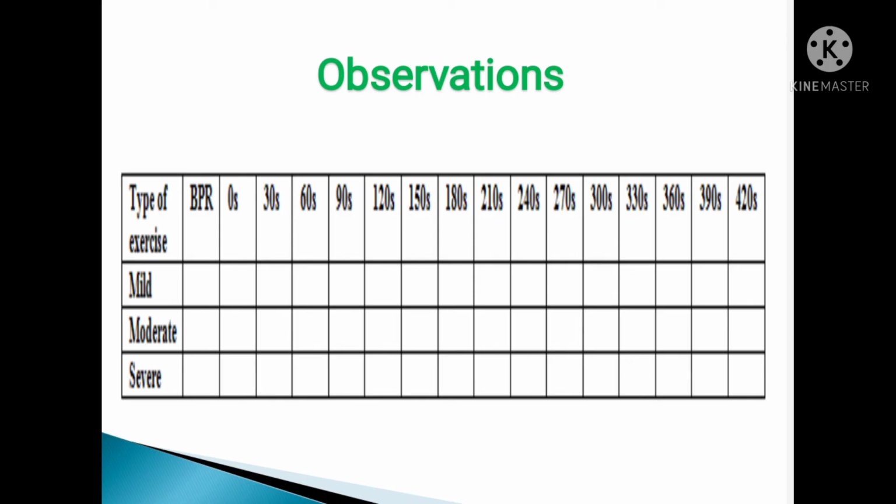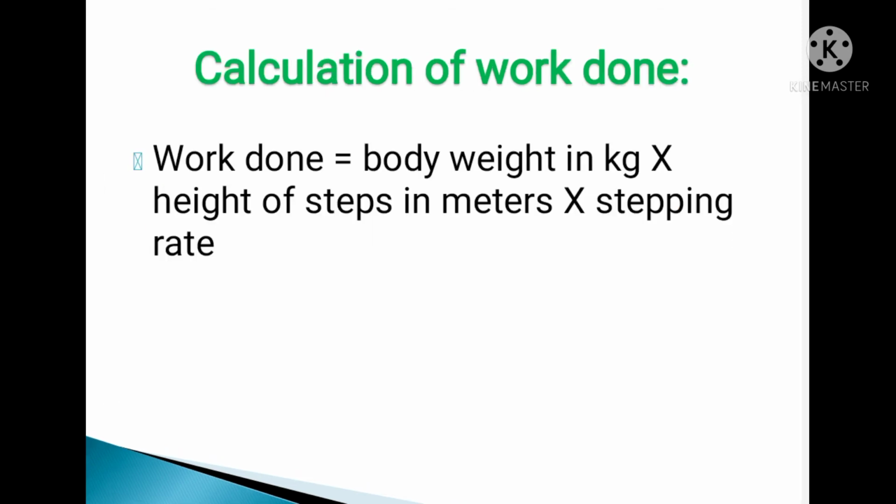This is the observation table where you can write down your findings. This is the formula for the calculation of work done. To calculate work done, you should know the body weight in kg, the height of the steps in meters, and the stepping rate.